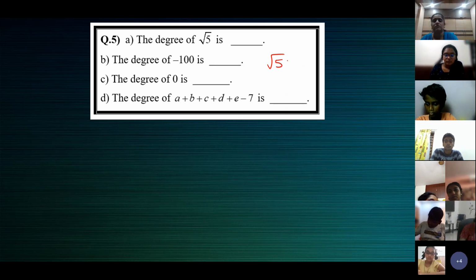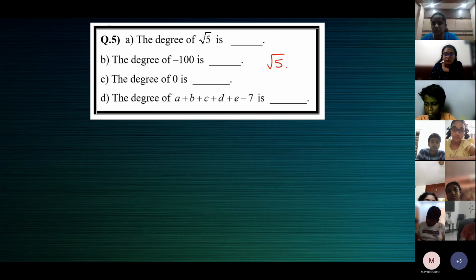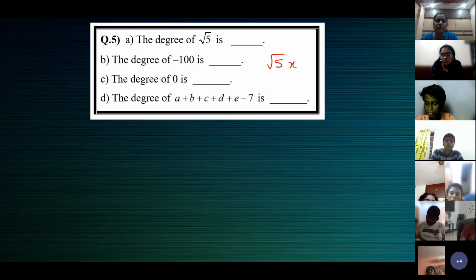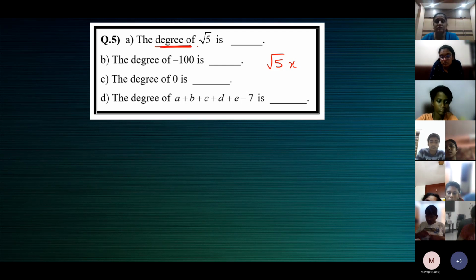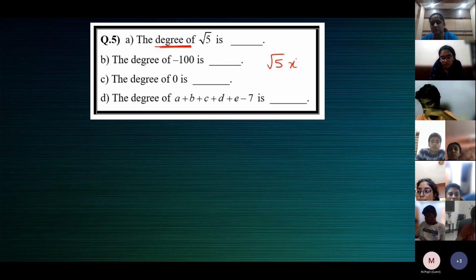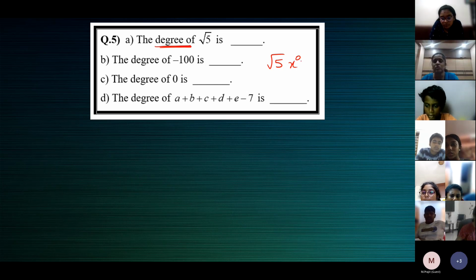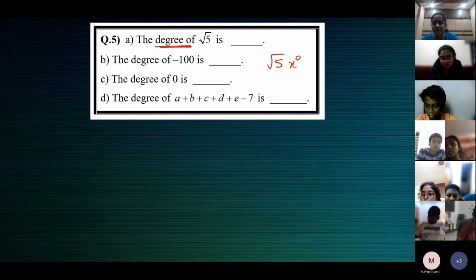Now there is no variable here. So supposing I write x, because I have to understand the degree. I should raise x to the power what? 0, ma'am. Because only if I raise x to the power 0, the value will still be root 5.